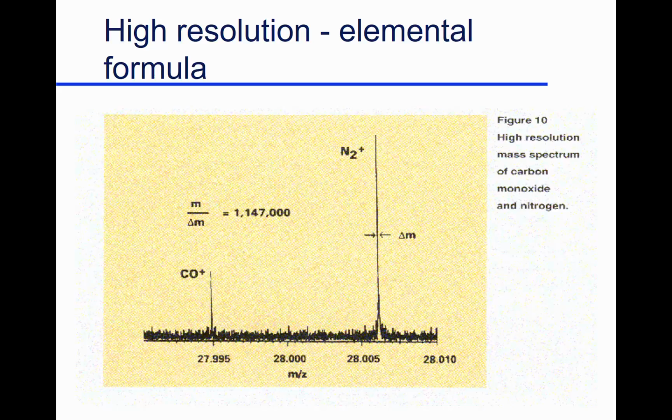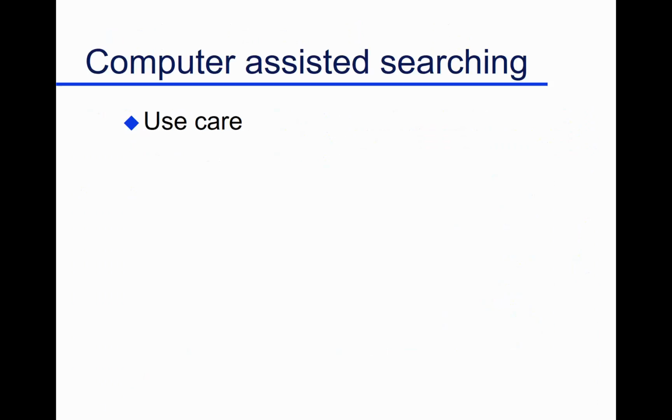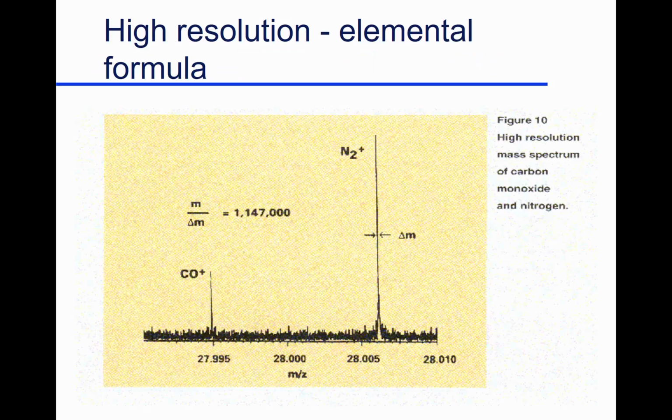But anyway, it could come from different places. But if it's 28.005, it can only come from nitrogen. Now we start getting molecular formulas. So we don't just get a fragment, a piece to look at. We know the elemental composition, or atomic composition, of that particular peak.